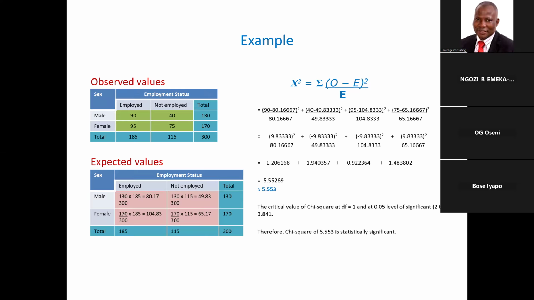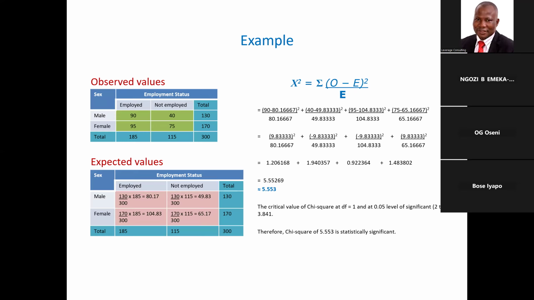All those totals around are still fixed. But what changes do we expect in those 4 green cells? What value should be there in those 4 cells for you to conclude that there's no difference at all between male and female when it comes to employment status?